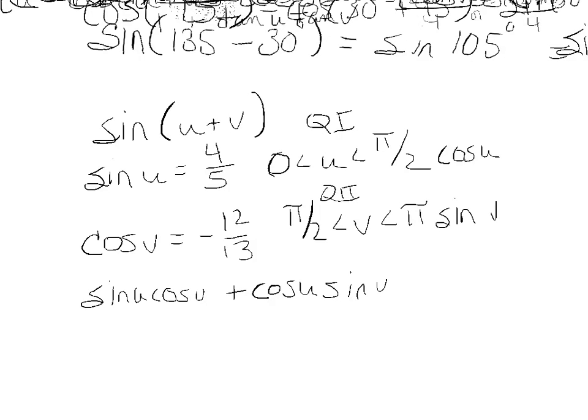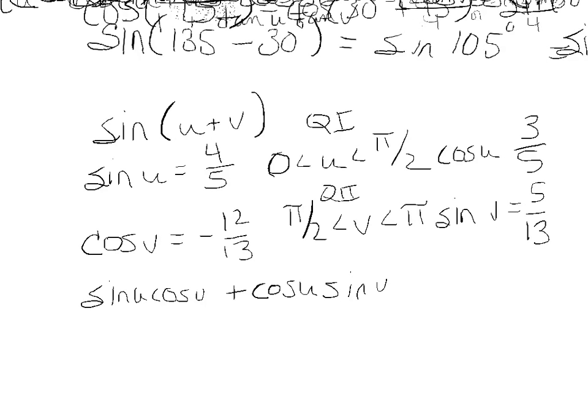Remember that we can use the Pythagorean identities to come up with an unknown side. So we just found out that the cosine of u, by using right triangle Pythagorean identities, is 3/5, and the sine of v is 5/13.